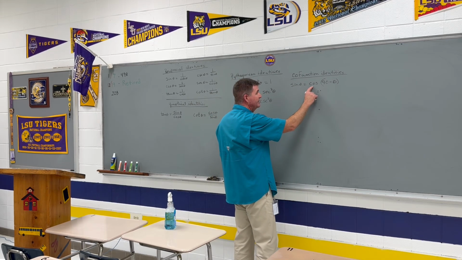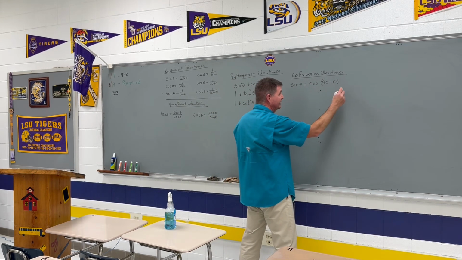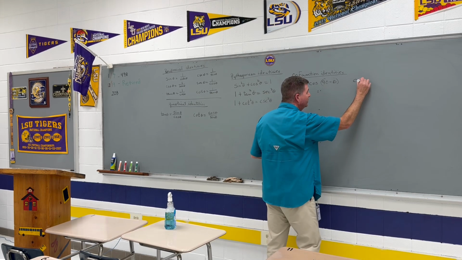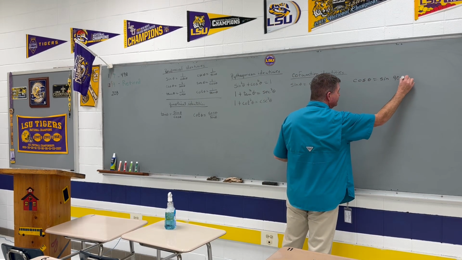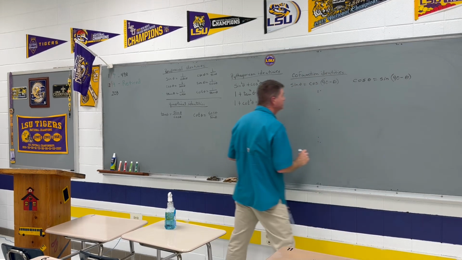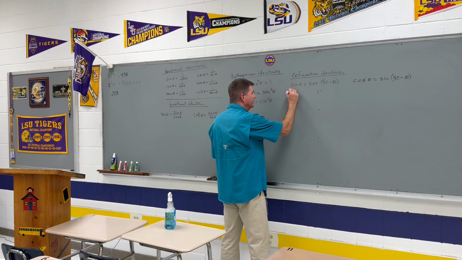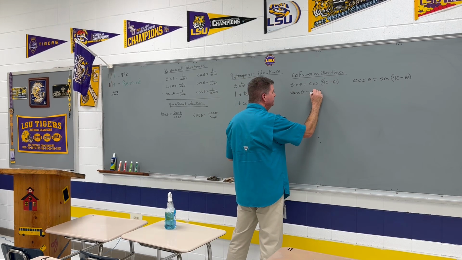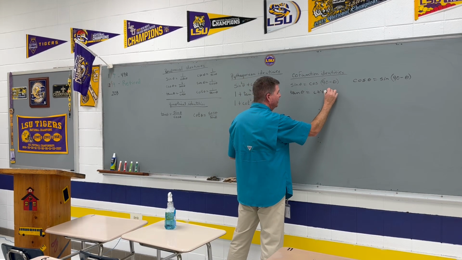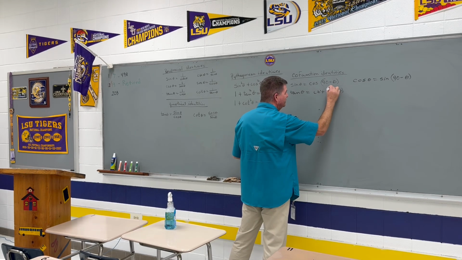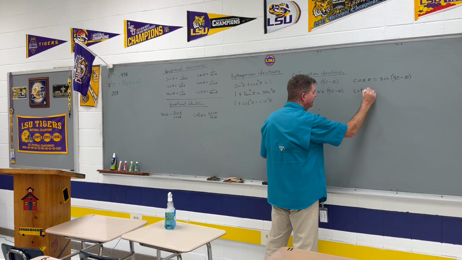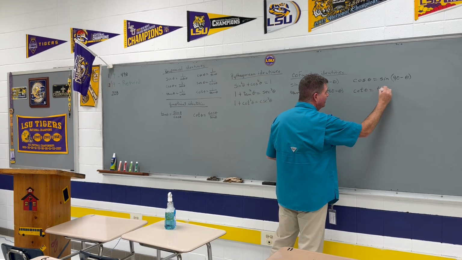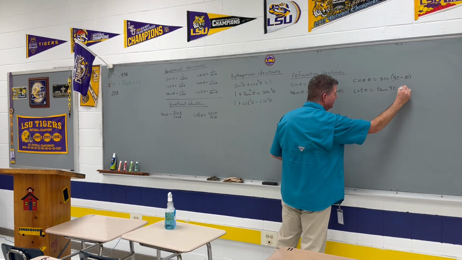The sine of theta is equal to the cosine of 90 minus theta. Or the cosine of theta is equal to the sine of 90 minus theta. The tangent of theta is equal to the cotangent of 90 minus theta. And the cotangent of theta is equal to the tangent of 90 minus theta.